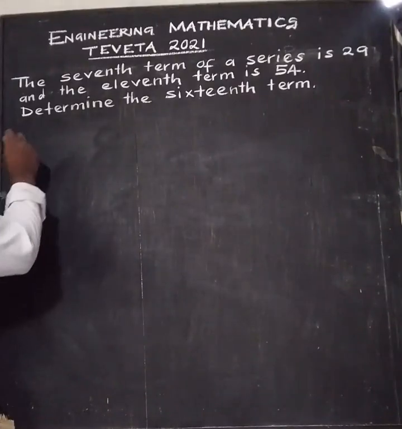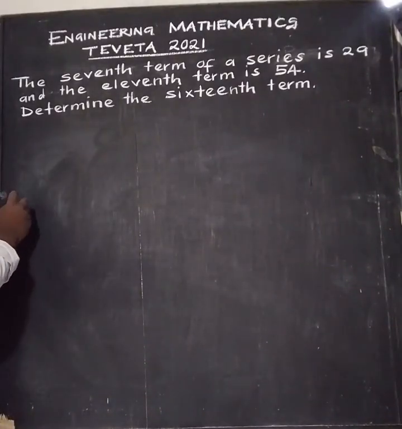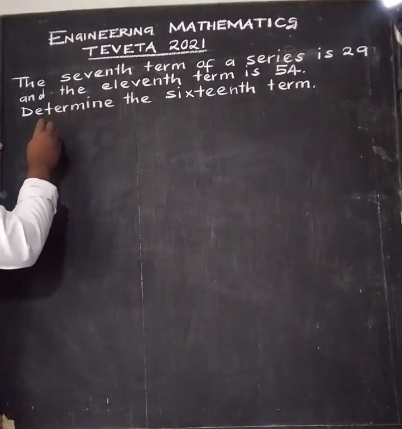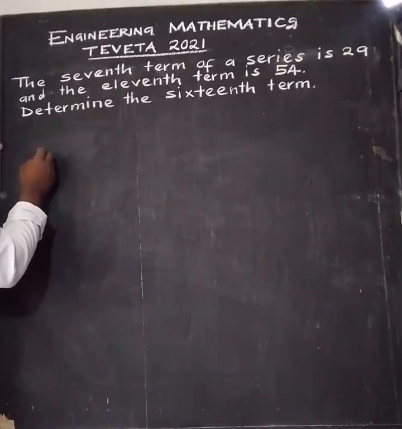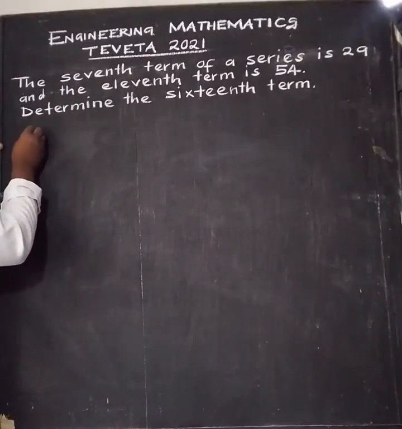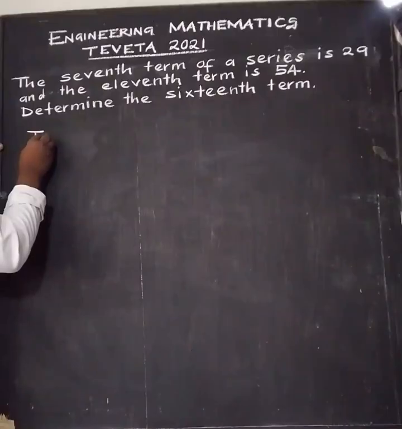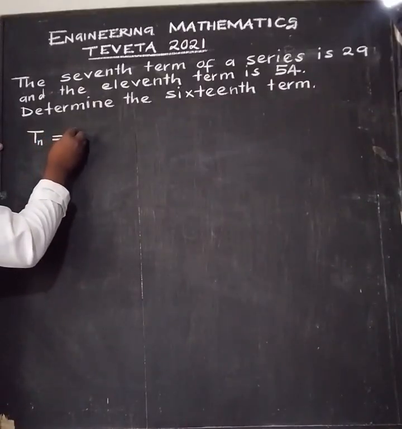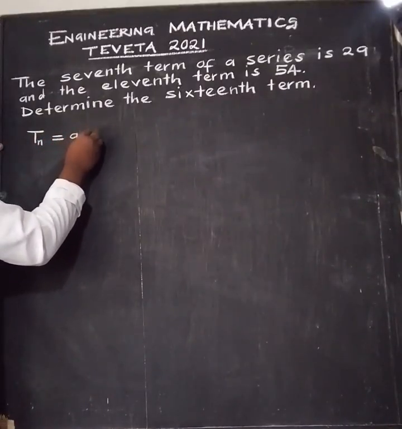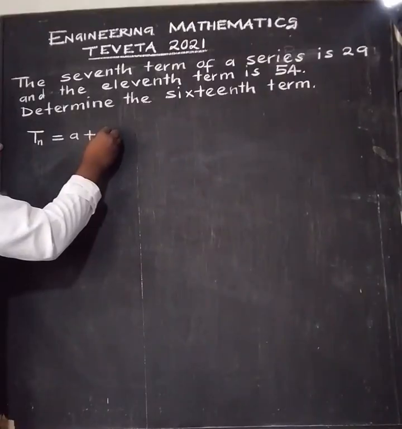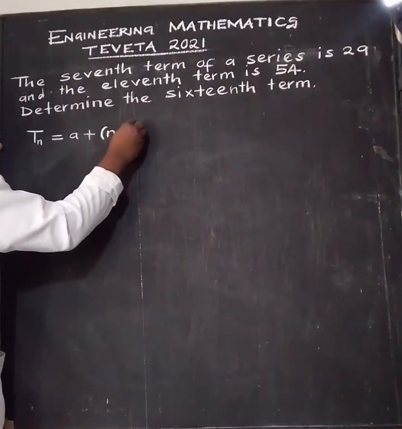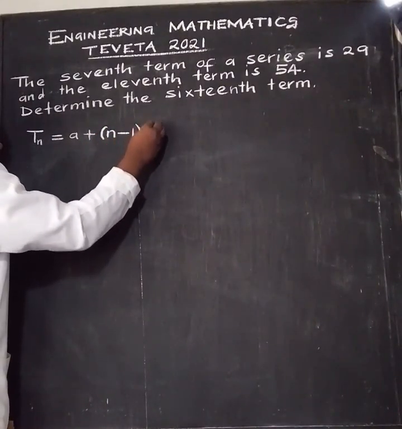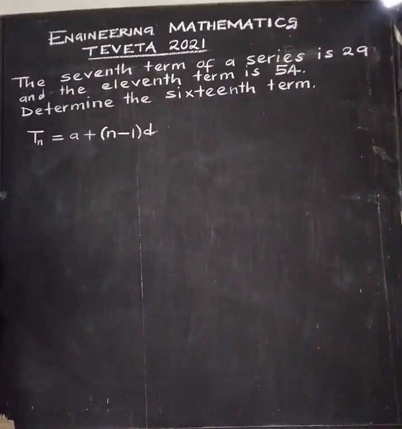Okay, so now the first thing is we are going to write the formula, which is Tn is equal to the first term plus open brackets n minus 1, multiplied by the common difference.